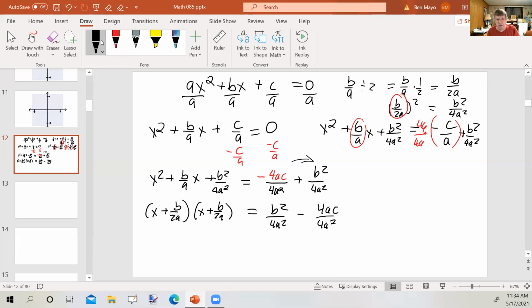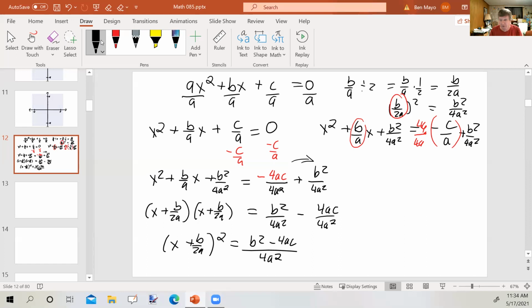You could do it either way, but it just comes out cleaner this way. So now on the left side of the equation, I've got x plus b over 2a, the quantity squared, equals. On the right side of the equation, they both have the same denominator, so I could write it as b squared minus 4ac all over 4a squared.